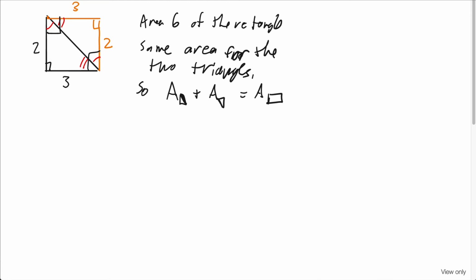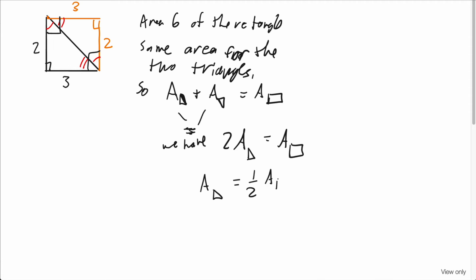And since these are equal, we have that 2 times the area of one of these triangles is the same as the area of the rectangle, or the area of the triangle is 1/2 the area of the rectangle, right? So here, that's 1/2 of 6, which equals 3.